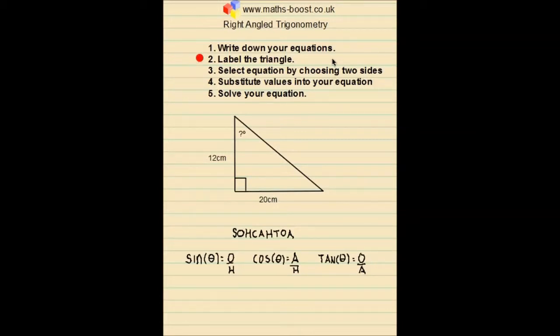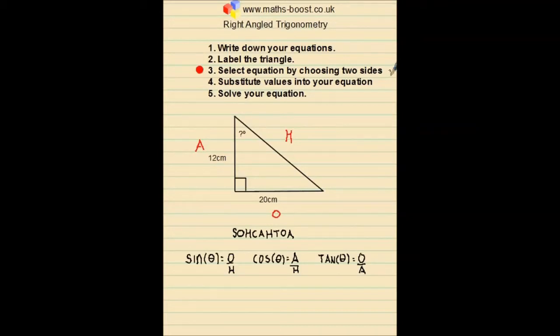Step 2, label the triangle. The hypotenuse is opposite the right angle. We then look at the angle that we're going to use, which is this angle, even though it's an unknown. And we know the side opposite this angle is called opposite. And that leaves the adjacent side.